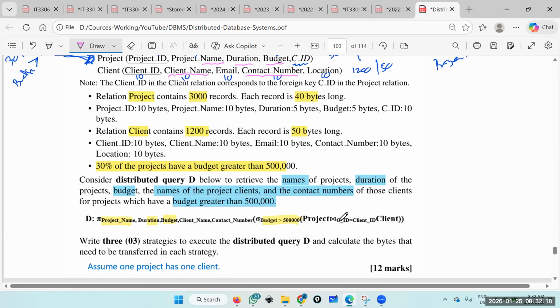Of course, you need to do the join of project and client based on client ID. Then after doing the join, you do the sigma according to this. First you do the join, then you do the sigma filtering for budget greater than 500,000.